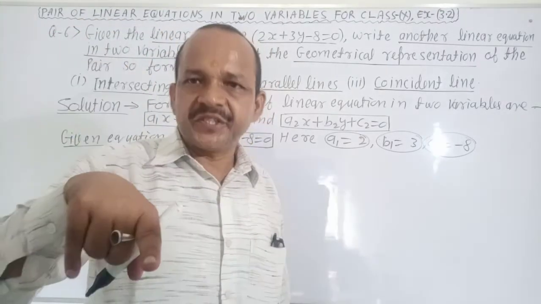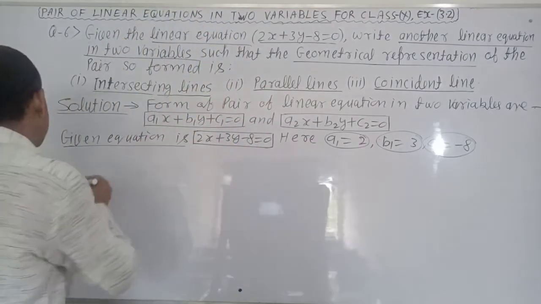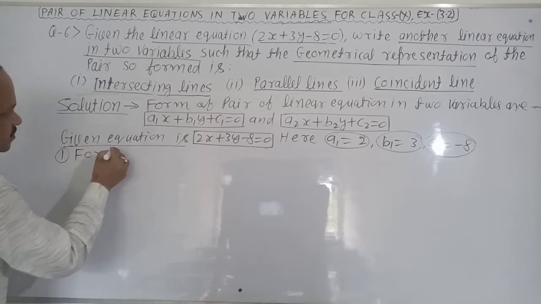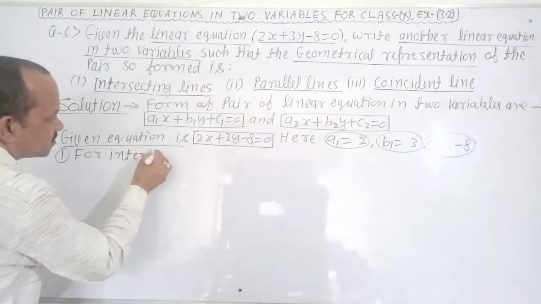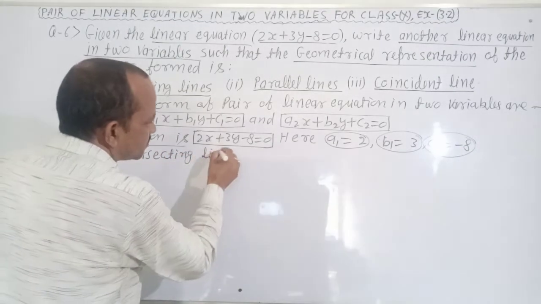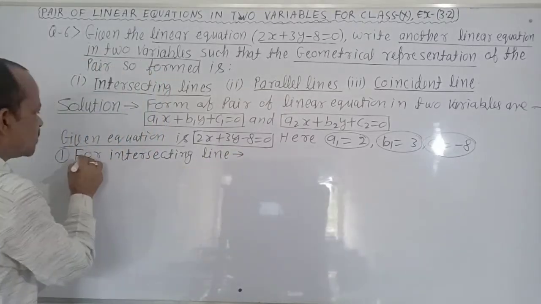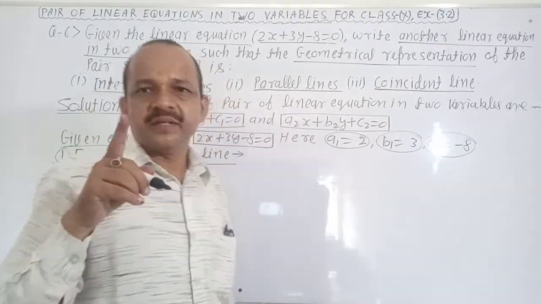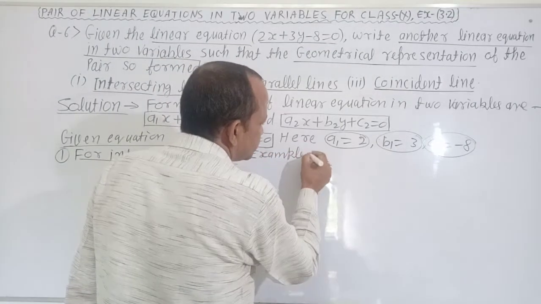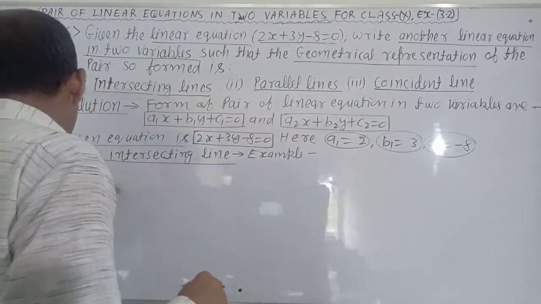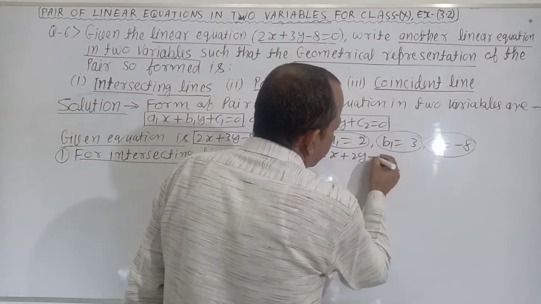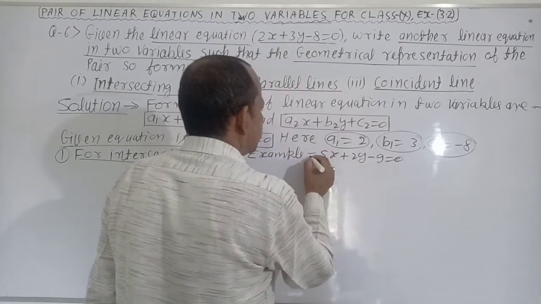First, intersecting line. Clear? For intersecting line, example: 5x plus 2y minus 9 equal to 0.